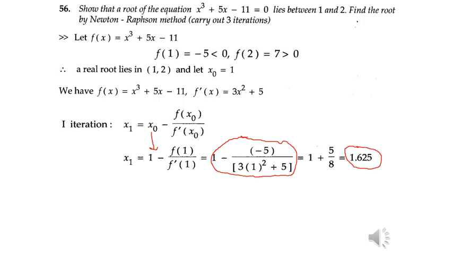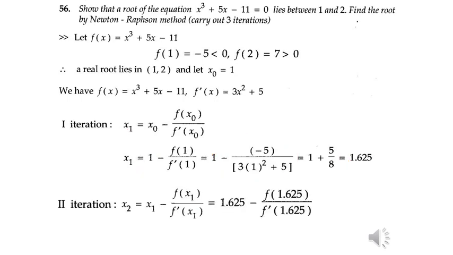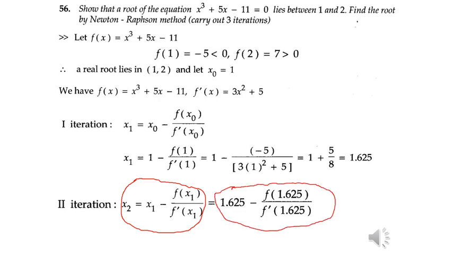Similarly, now let us use this x1 value to find the value of x2. How do you write the formula for x2? Just replace in this formula x1 by x2 and x0 by x1. Yes, we have written the formula by replacing to get the second iteration, and we have put in the place of x1 1.625.